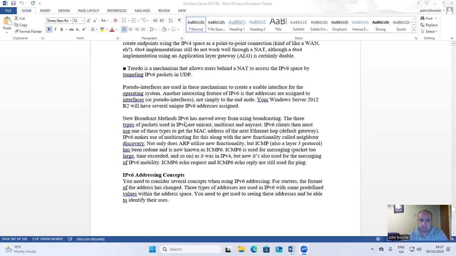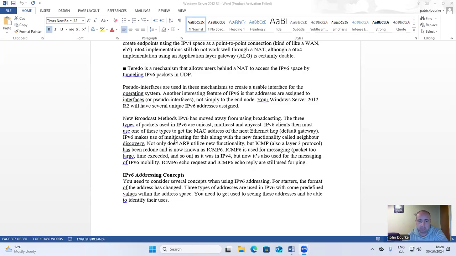New broadcast methods. IPv6 has moved away from using broadcast. The three types of packets used in IPv6 are unicast, multicast, and anycast. IPv6 clients then must use one of these types to get the MAC address of the next Ethernet hop, the default gateway.